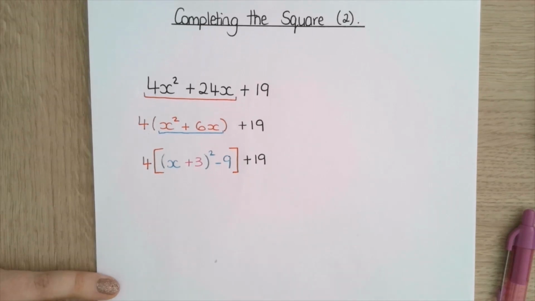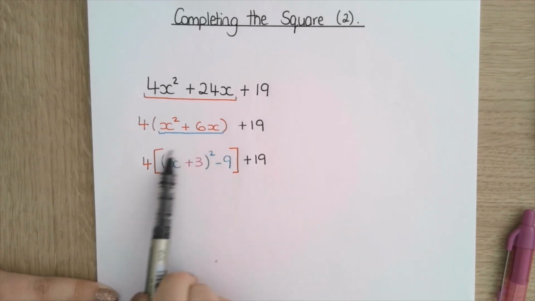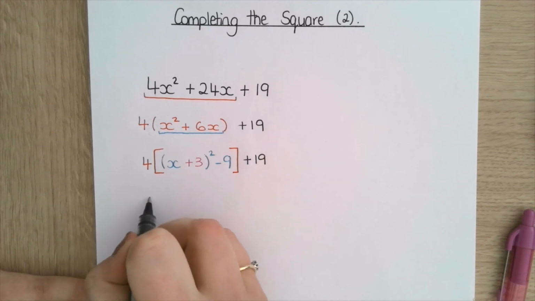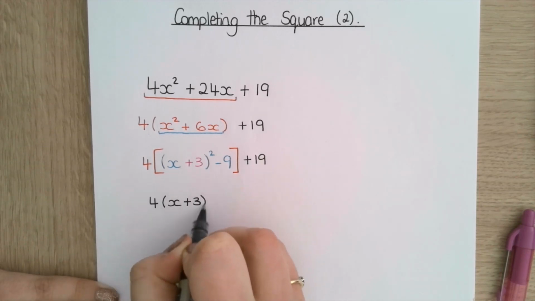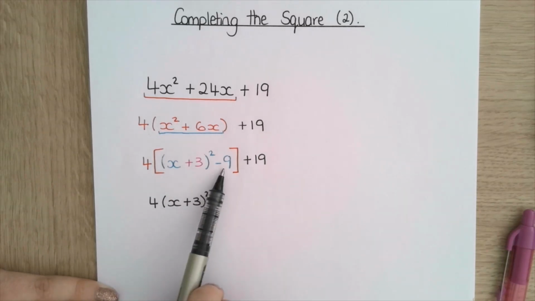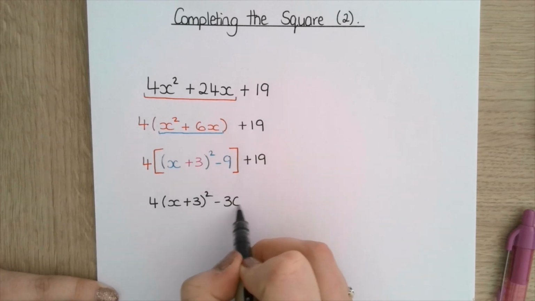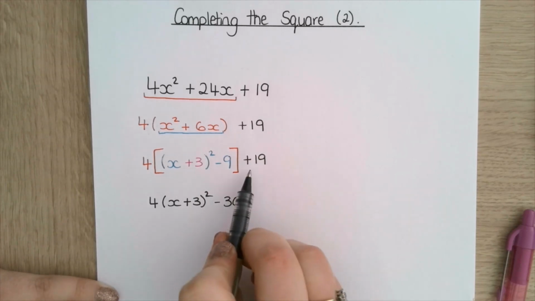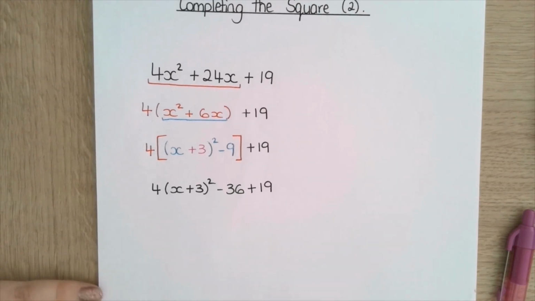What I'm now going to do is expand out these square brackets. So I'm going to do 4 times this bracket, which I'm just going to leave as 4 brackets x plus 3 all squared. And then I need to do 4 times the negative 9, which is minus 36. Remember to add the 19 on at the end, and then just simplify.